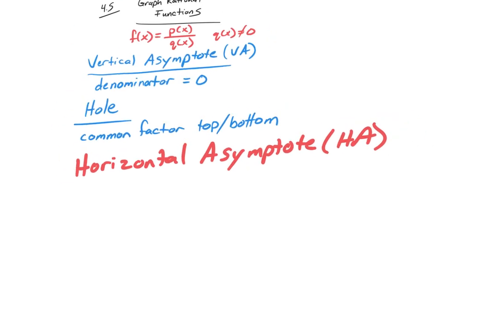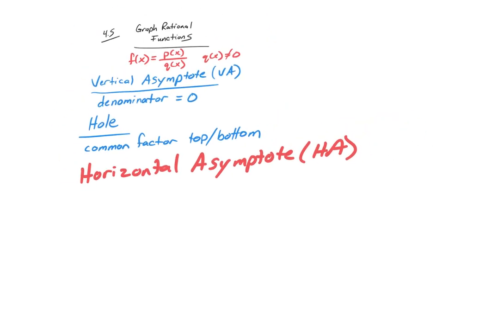Horizontal asymptotes are always based on the degree. Okay, and we're going to talk about the degree of the top versus the bottom and compare them.